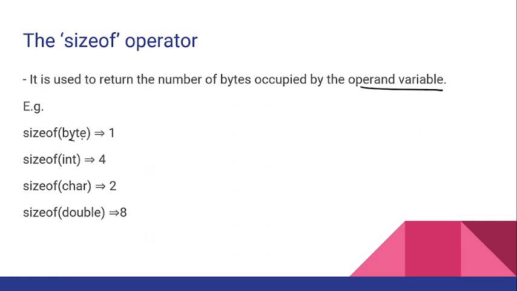So sizeof byte occupies 1 byte, so it returns 1. int is 4, char 2, double 8. So that's the sizeof operator. Dynamically, if I want to calculate the size of the given operand, I should be getting that using sizeof. But be careful while using sizeof. If you put the type, there is no issue. You'll be able to find out the size of that type and it returns the size in bytes.